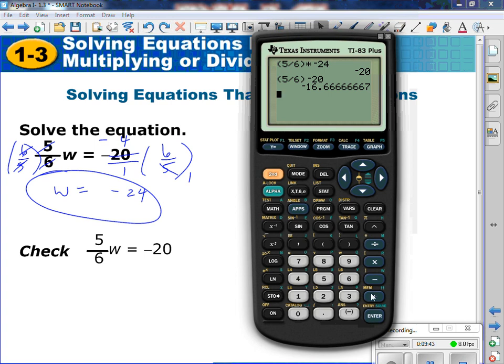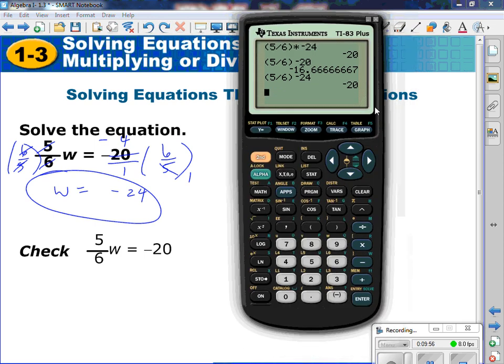What's different here? Oh, sorry. Helps if I type it correctly. Did it make a difference? No. The calculator knows that the negative means just attached to that number. It does not mean a minus. When we write it like this, it looks like a minus. But the calculator, if it's a negative sign, it thinks it's multiplication.